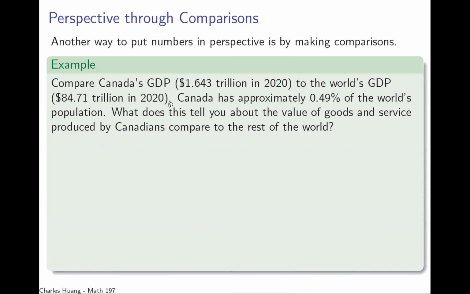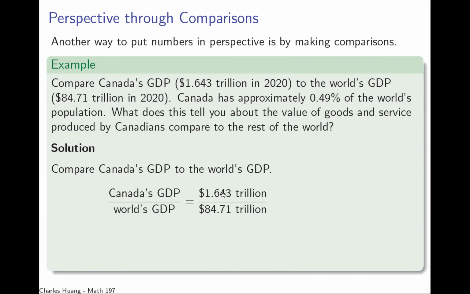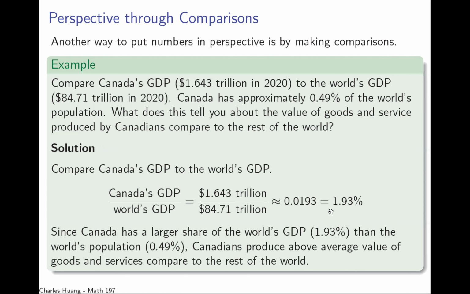We can do the same thing with our GDP. 1.643 trillion divided by 84.71 trillion is roughly 0.0193, or 1.93%. Hey, that's pretty good. We don't take up that big of a share of the population, but we take up a bigger share in the GDP.